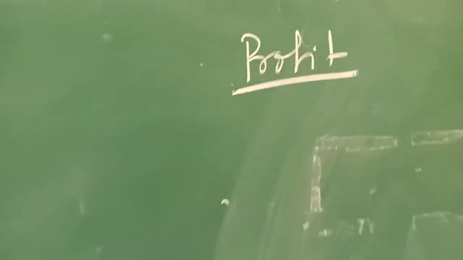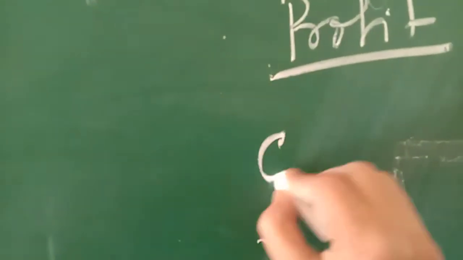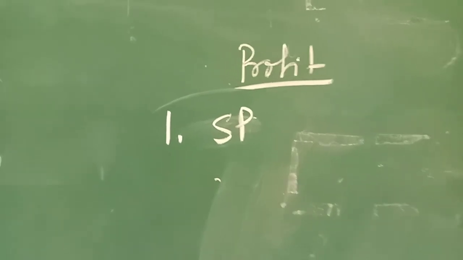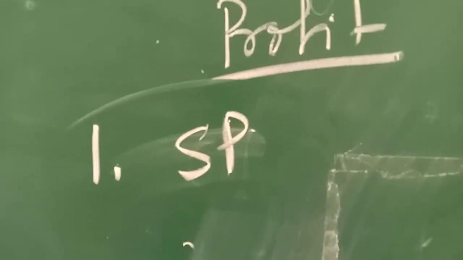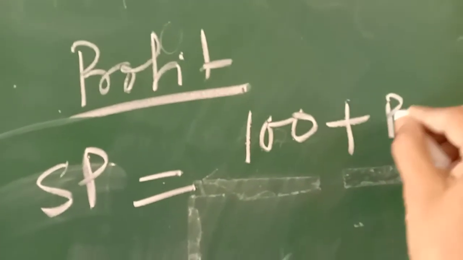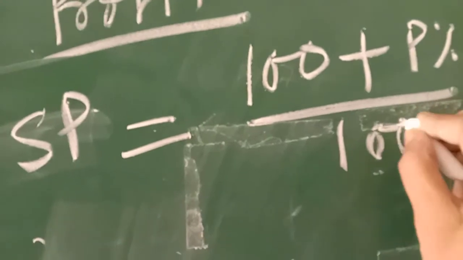What is a formula? A formula means the shortcut way to find your solution. So in the case of profit, if you want to find the selling price, formula number 1: selling price equals 100 plus profit percent, divided by 100, into CP.